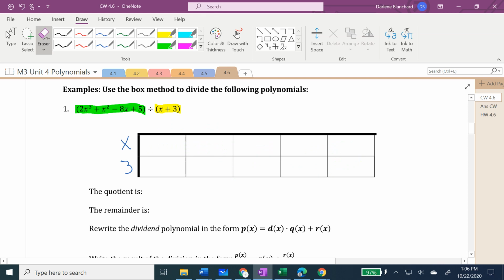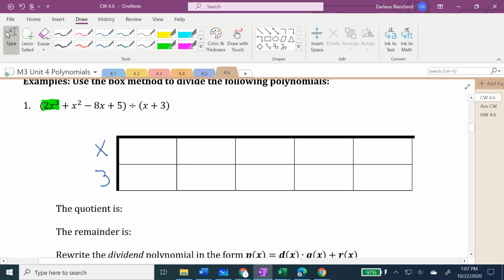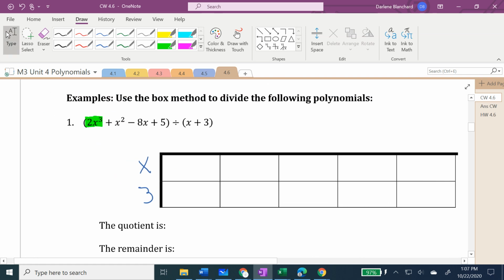Listen very carefully. Every single time you start this out, you're going to take the polynomial that is being divided, take its highest degree term, and write its highest degree term in the upper left inside box.